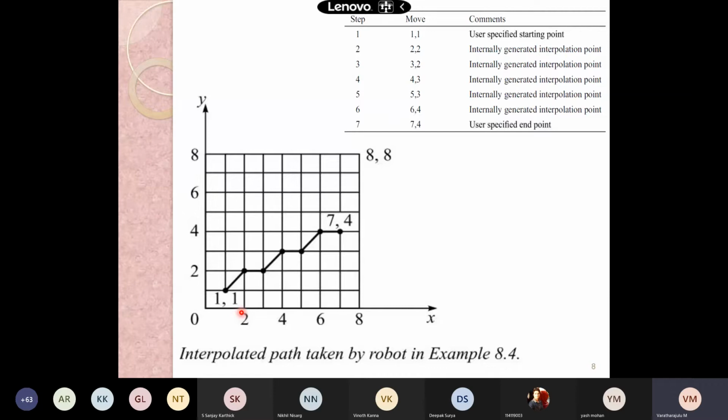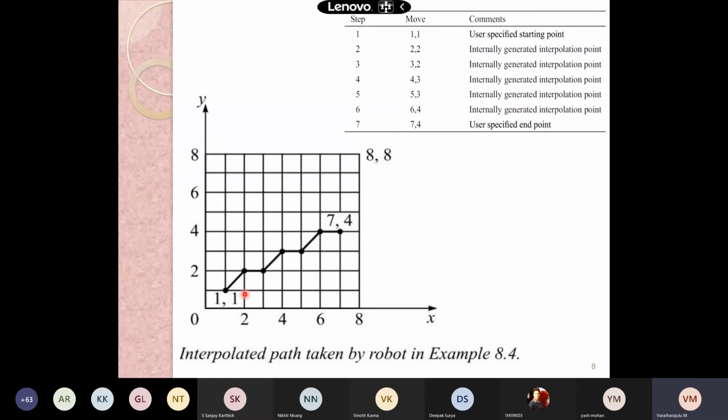I'll make a little more of a brief about these points. Linear joint 1 must move 6 increments, and joint 2 must move 3 increments.